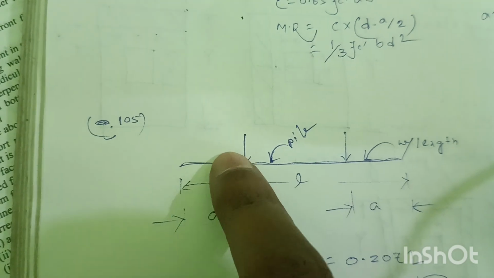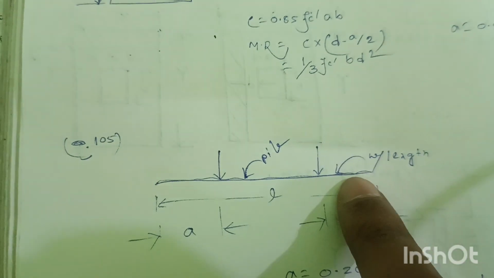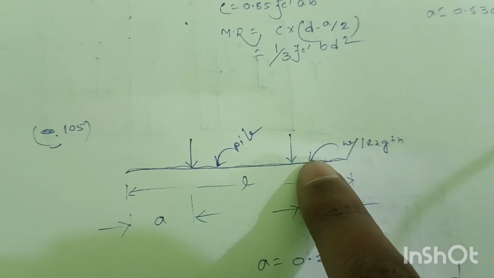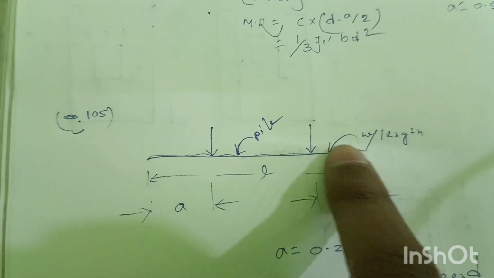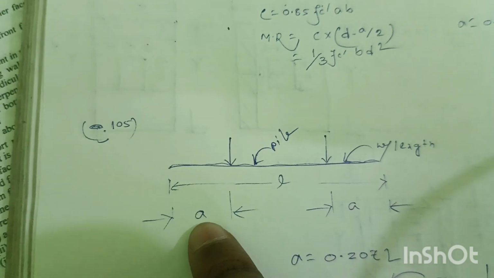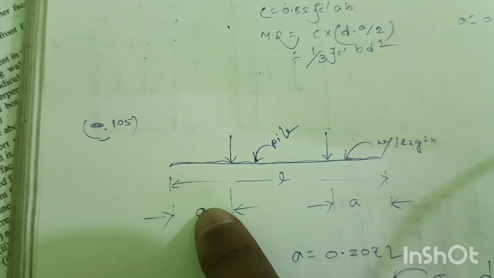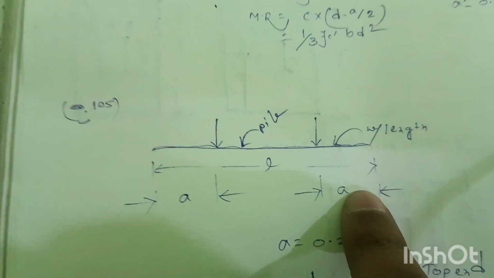So this is the length of suspension at the left side, and this is the length of suspension at the right side. We know the total length of the pile is L. So this length is to be determined. Suppose this length is a and this length is a.